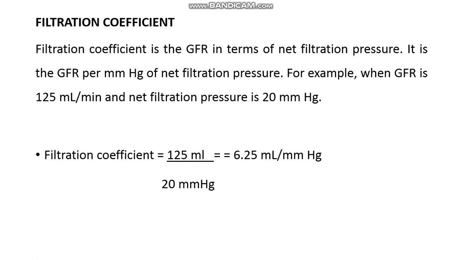So 125 divided by 20 mm of Hg, the filtration coefficient is 6.25 ml per mm of Hg.